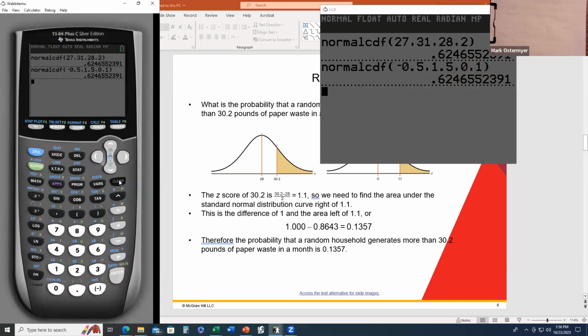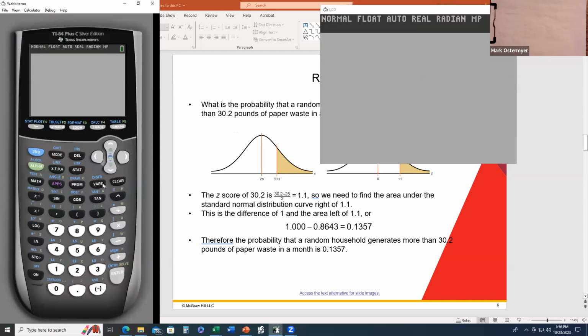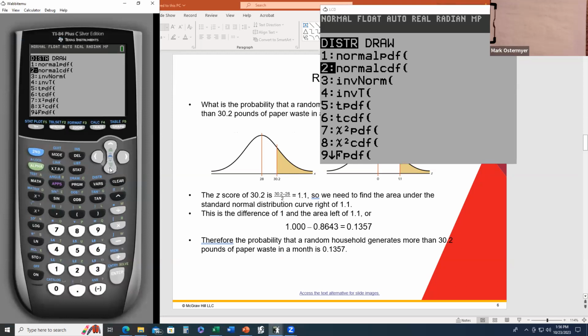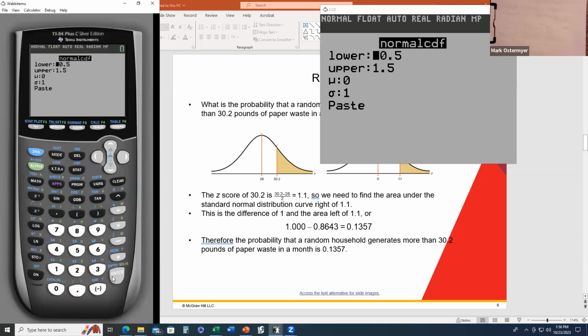So clear our screen, go get our normal CDF function. My lower end point is what? 28? No, not 28. Our lower end point is 30.2 pounds, correct? 30.2 pounds. Upper end point is positive infinity, which is simulated by using 10 to the 99th power.